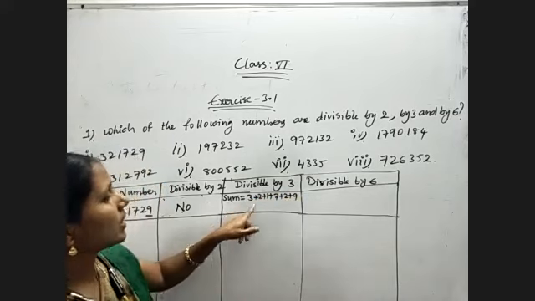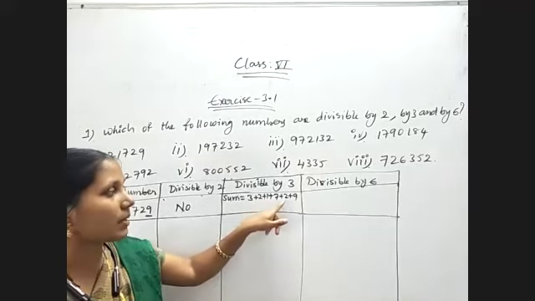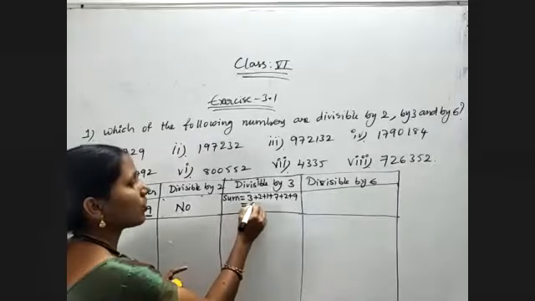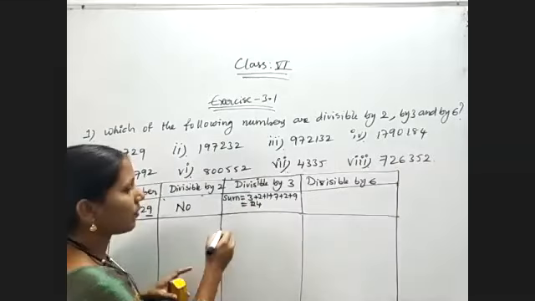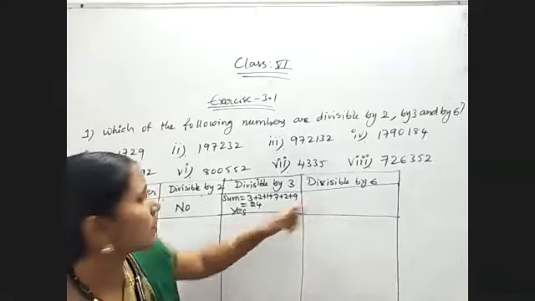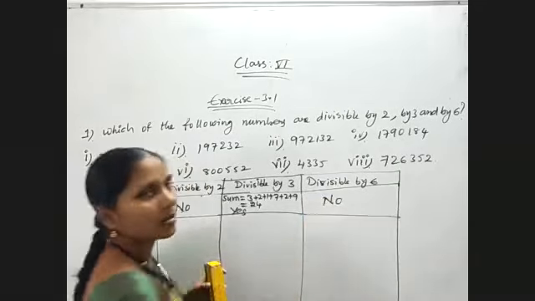How much will I get? 3 plus 2 is 5, 5 plus 1 is 6, 6 plus 7 is 13, 13 plus 2 is 15, 15 plus 9 is 24. So 24 is a multiple of 3. Therefore, it is divisible by 3. Divisible by 6? Because it is not divisible by 2, it is not divisible by 6.